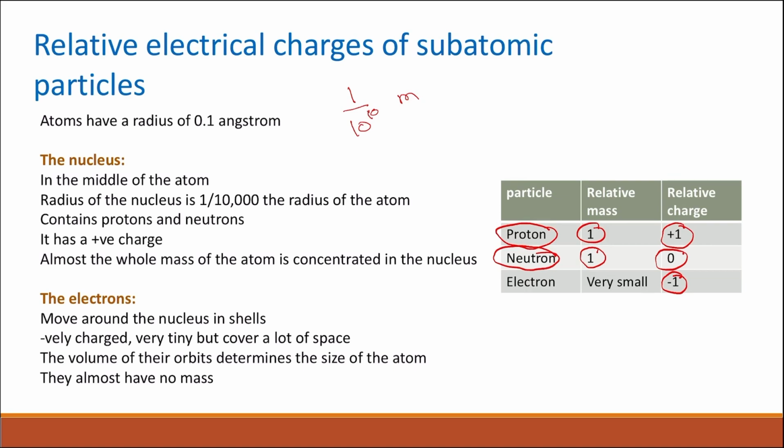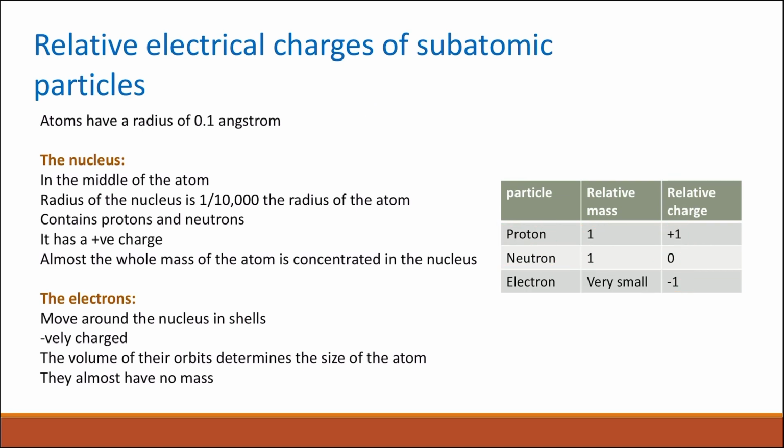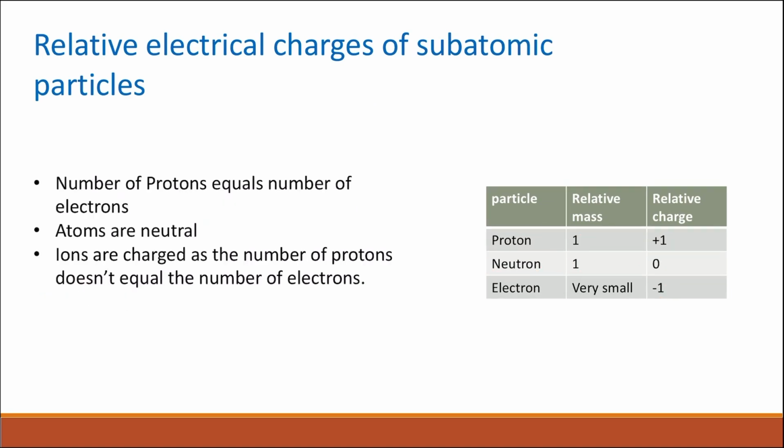The volume of their orbits determines the size of the atom, so it's quite big compared to the nucleus. Most of the atom is actually vacant space, and the orbits of the electrons determine the size of the atom.